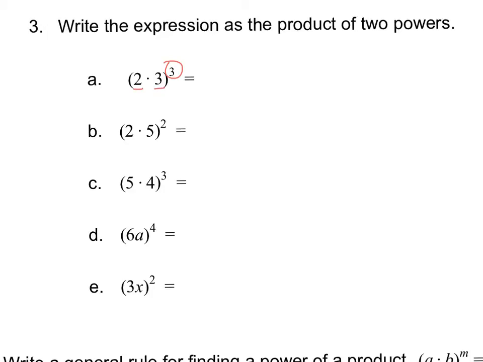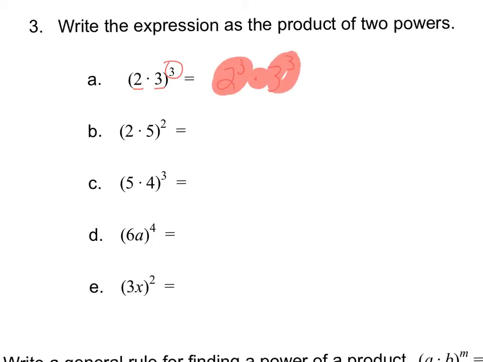Because this 3 is on the outside of a parenthesis and it's being applied to everything within it. So you're going to get 2 to the 3rd times 3 to the 3rd. And you're done. Now you have the product, which is multiplication, of 2 powers.